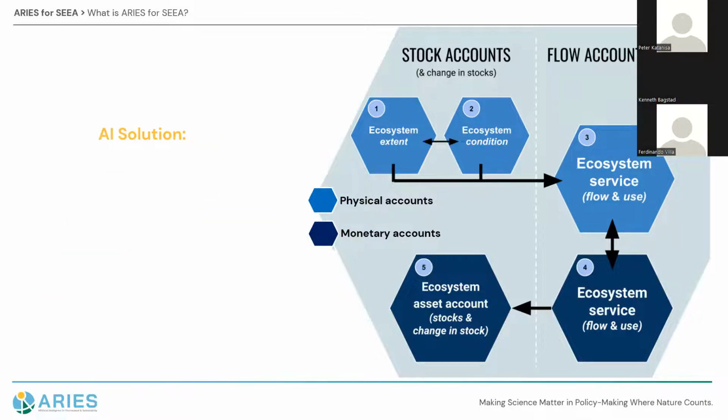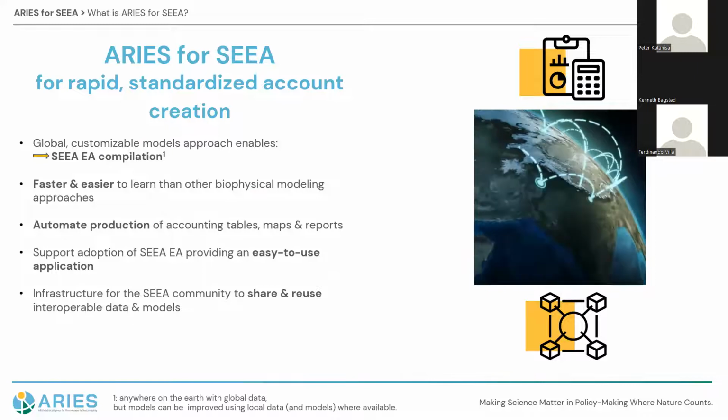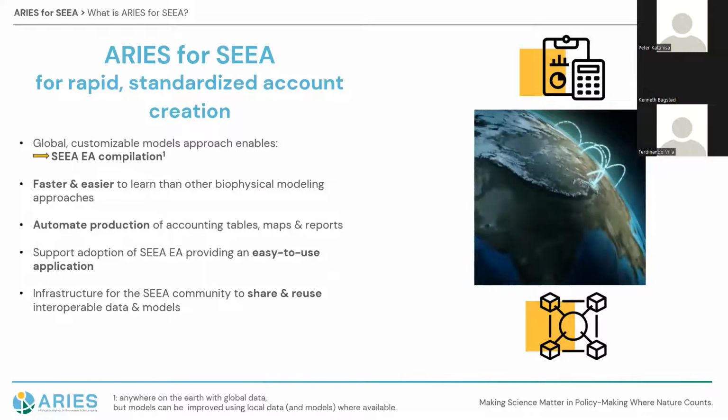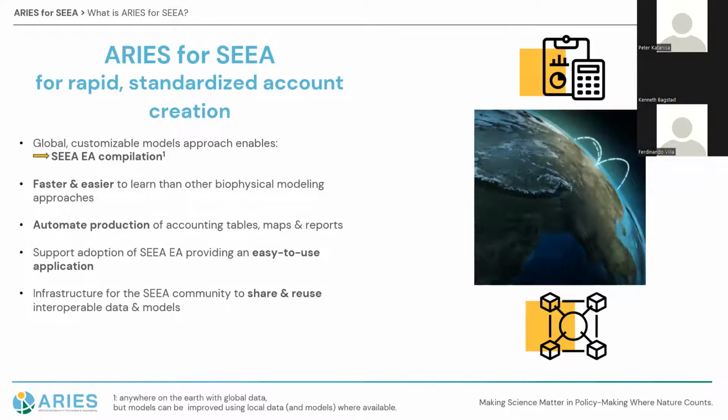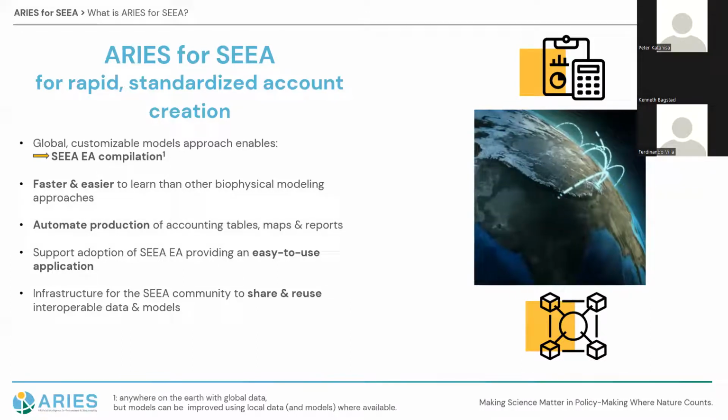What is ARIES for SEEA? ARIES for SEEA is the artificial intelligence solution that provides the infrastructure to integrate data and models to answer questions, in this case, to address the problem of compilation of ecosystem accounting according to this methodology. We have seen already, Bram has anticipated some of the main characteristics of the system, which allows for rapid, standardized account creation.